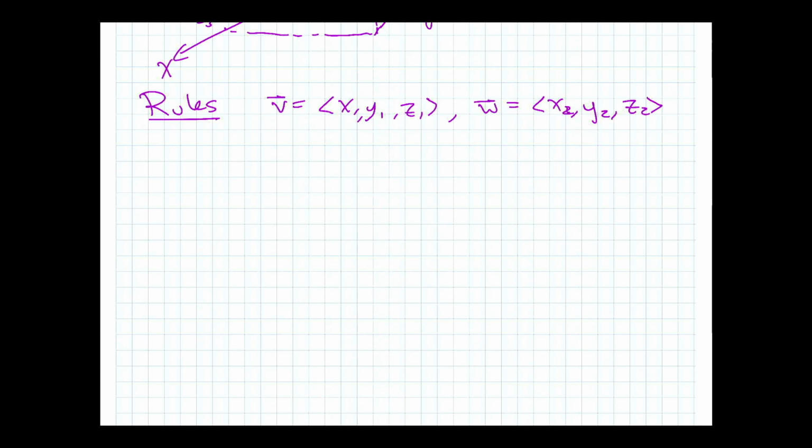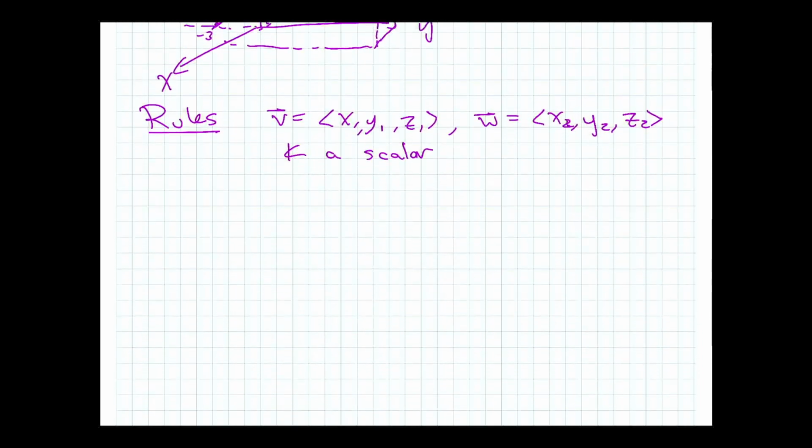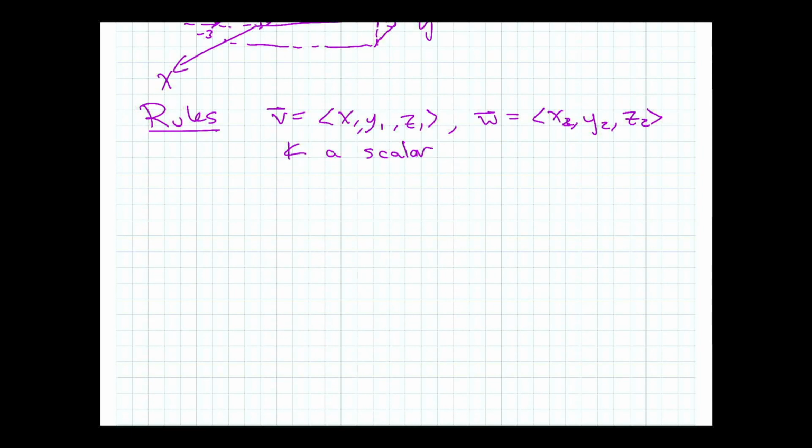We're going to need a scalar, k, and remember, scalar means real number. So we know we have our operations. kv is defined to be the vector <kx1, ky1, kz1>. That's scalar multiplication. We know how to do that.